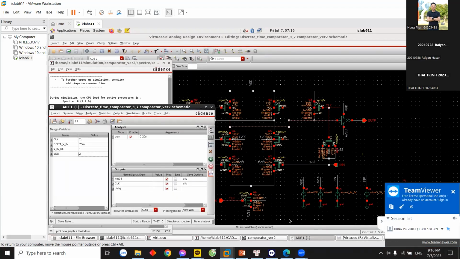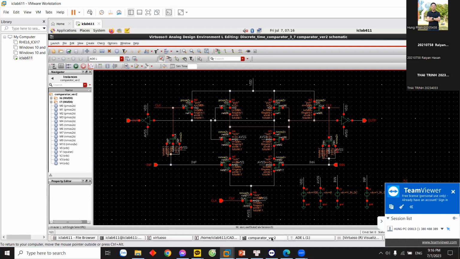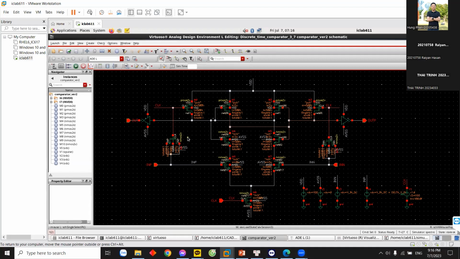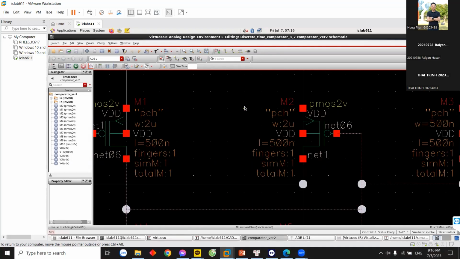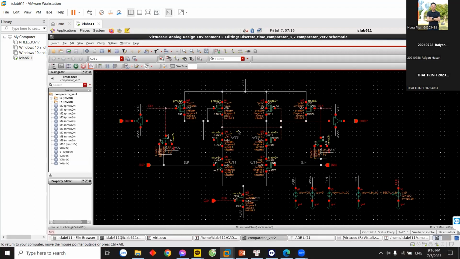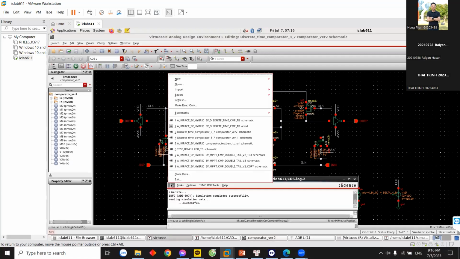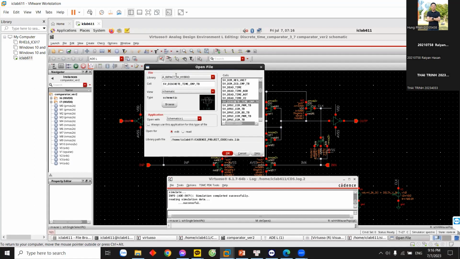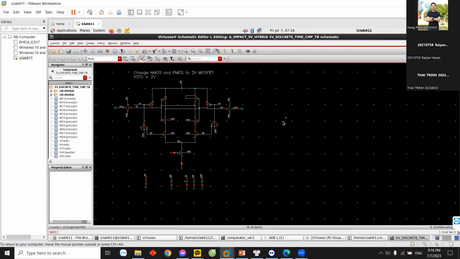The circuit you make? Yes. Where in my circuit? Okay, we open this schematic. Yeah, this circuit.